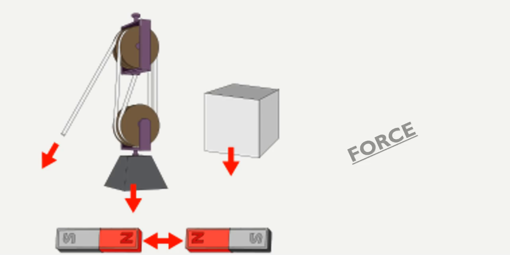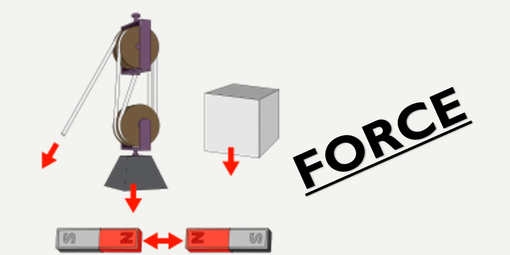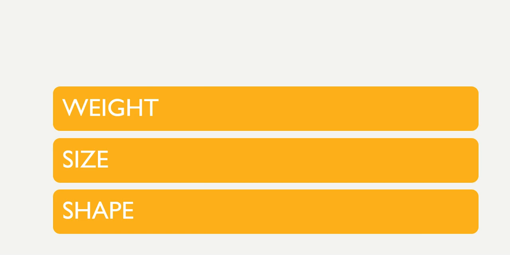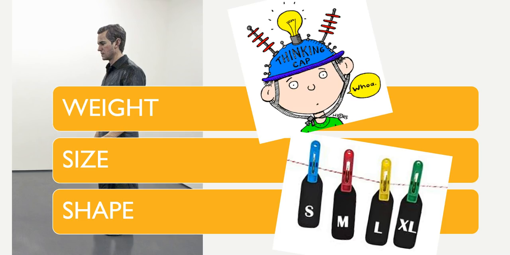If we take a look at these gases at the microscopic level, these gases are always in random motion, moving here, here, and there. It can be explained because there exists some kind of force which is responsible for this, and this force depends on the weight, the size, and the shape of these particles.